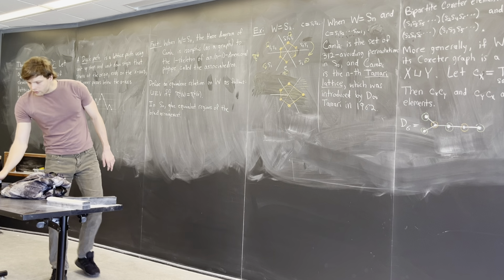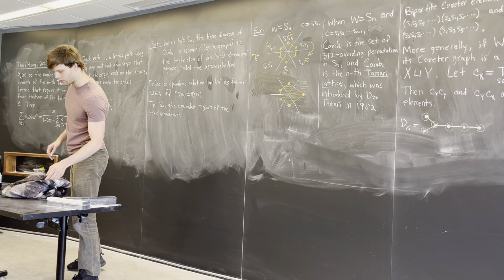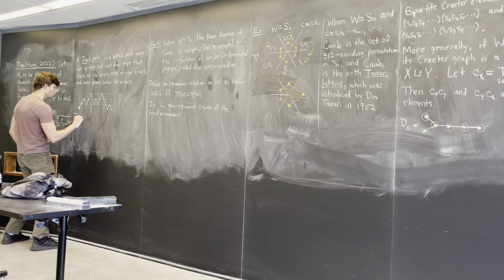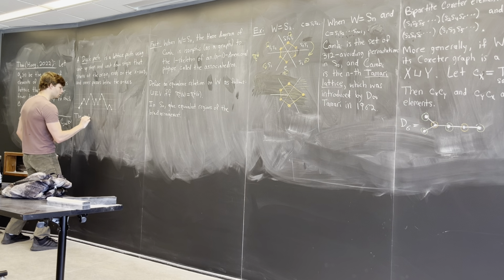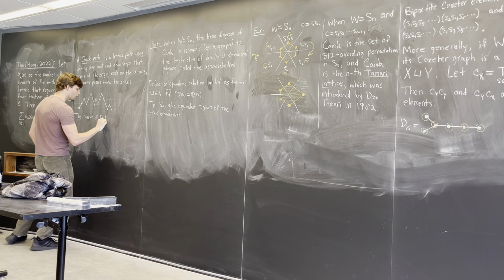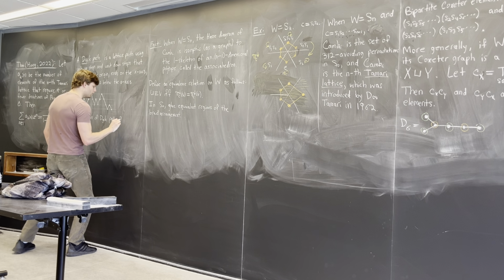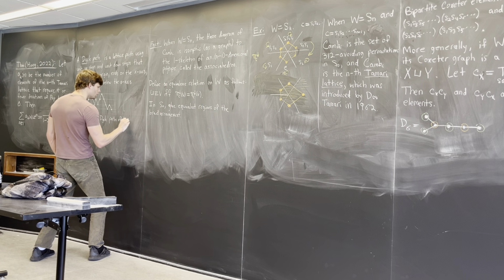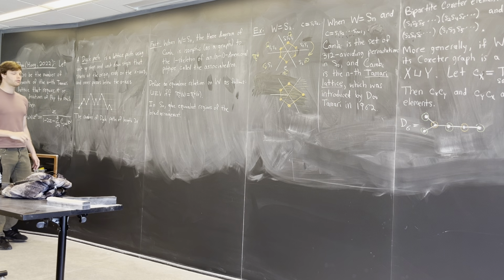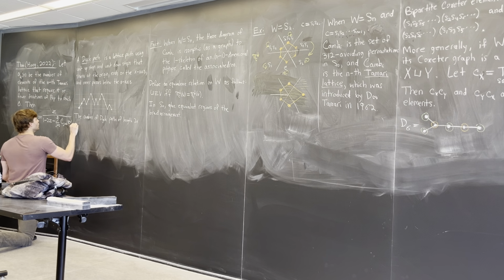So these are very classical combinatorial objects, and they're counted by the Catalan numbers. So the number of Dyck paths of length 2n, and by length 2n I mean it has n up steps and n down steps, is C sub n.